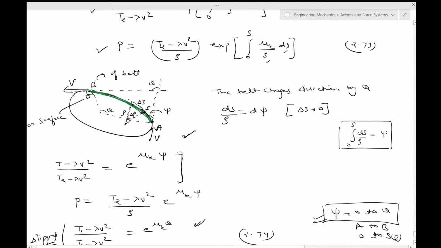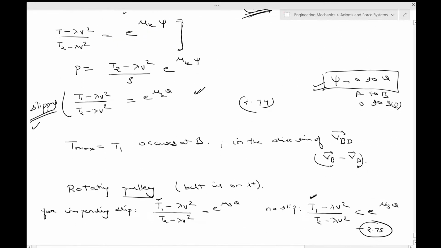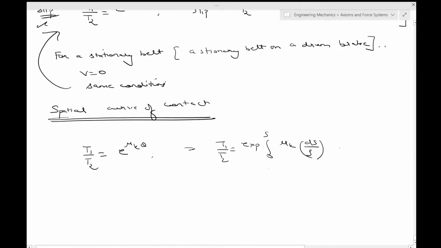So this was for planar. The curve C, sorry, let me correct myself, was always spatial, but this particular assumption was making all this in a plane, and that's why ds by rho could have been substituted as d psi. But if it can't be, then you can just continue writing it like this, as it was, without making that simplification.